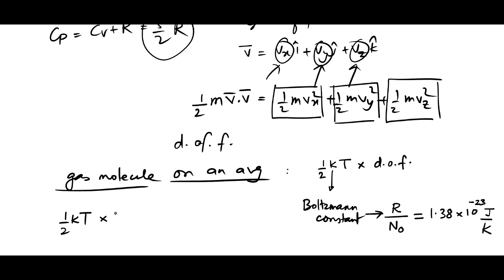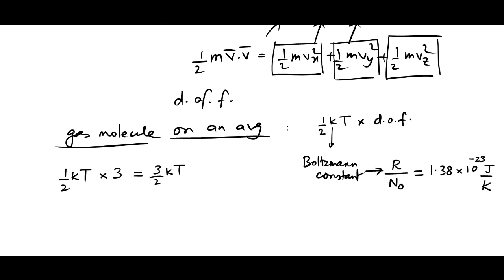And I must multiply this now by 3, because there are 3 degrees of freedom for a monatomic gas molecule, and so that turns out to be 3 by 2 K times T. Now how does this help us to find the value of CV and CP for a monatomic gas?